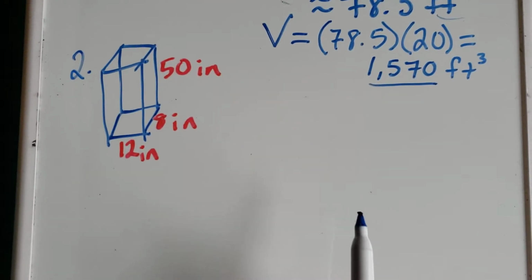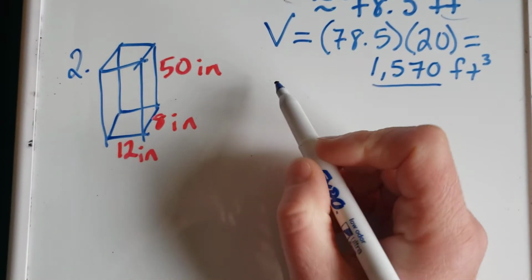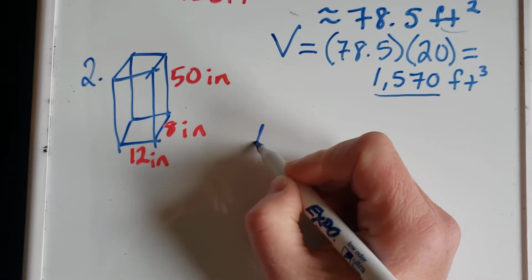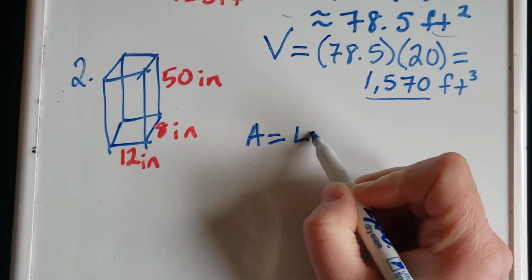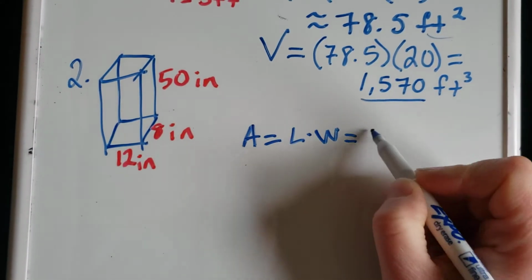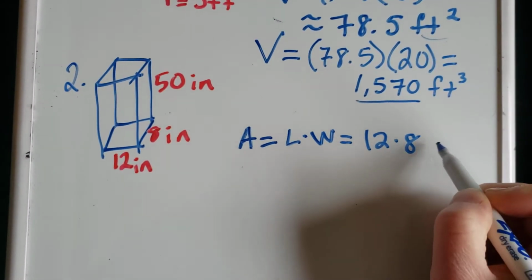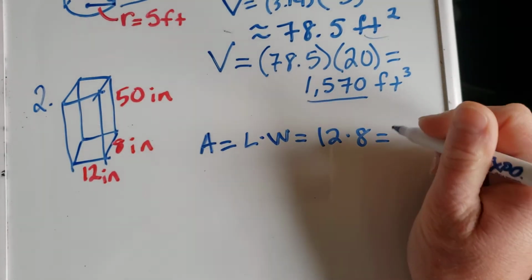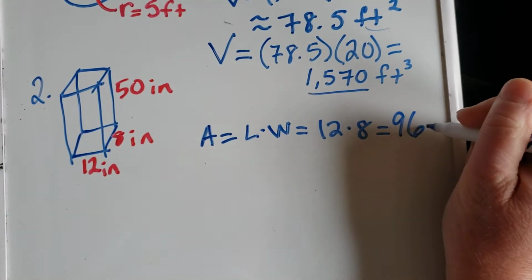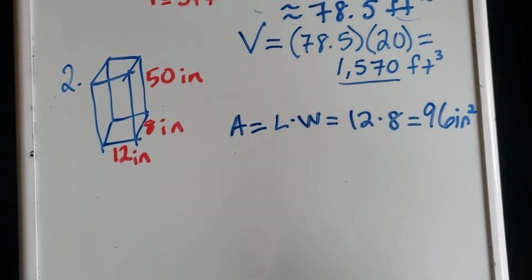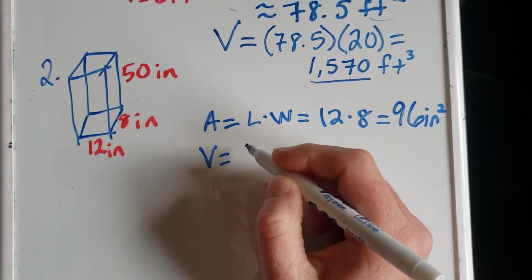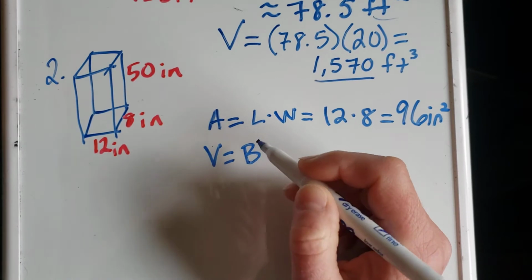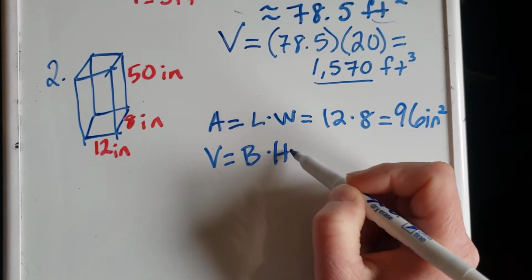The next example is a rectangular prism. So again, taking the area of the base, in this case, the area of the base is a rectangle. So area of a base is just length times width, which in this case is 12 times 8. Okay, so the area of our base here is 96 square inches. Then the volume is the area of the base times the height.